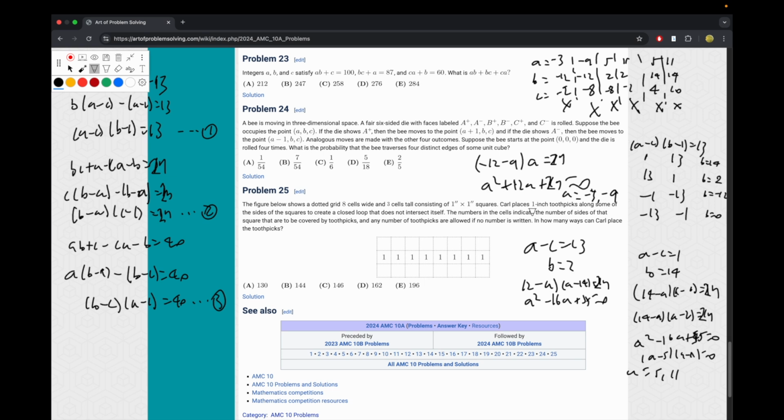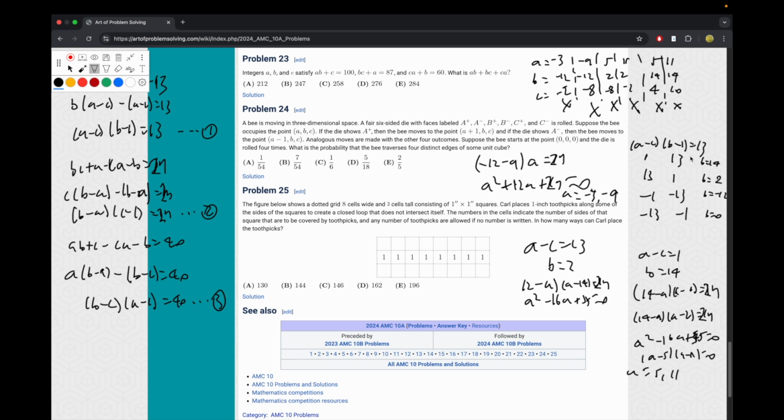Something is really off with our equation. BC plus A minus C minus B equals 27. It's 27. Okay, so this case you can just exclude them.